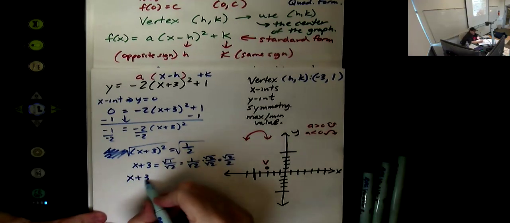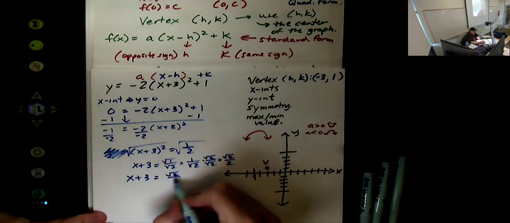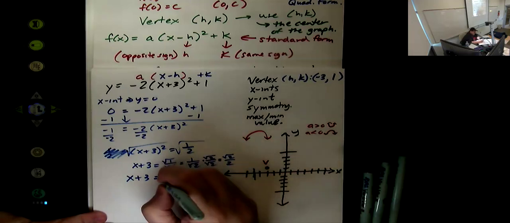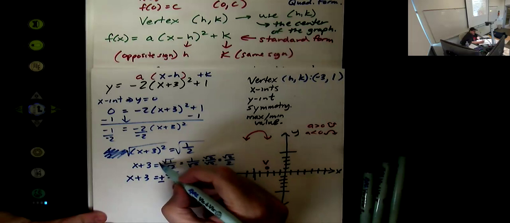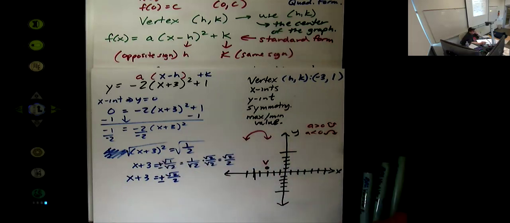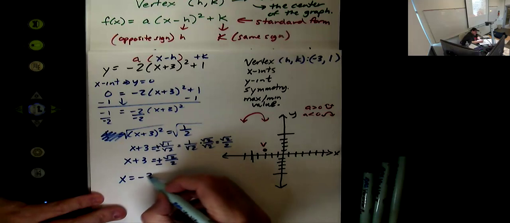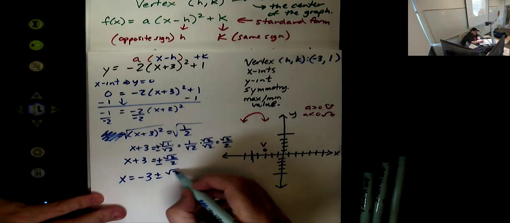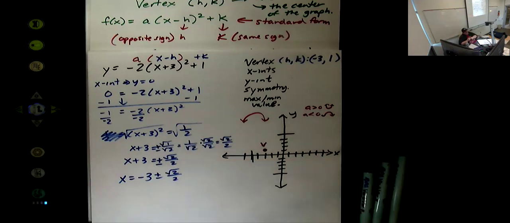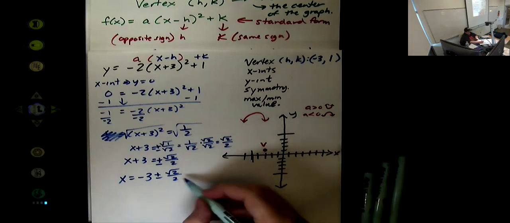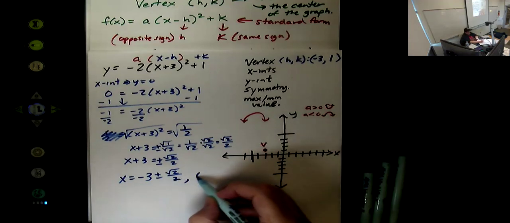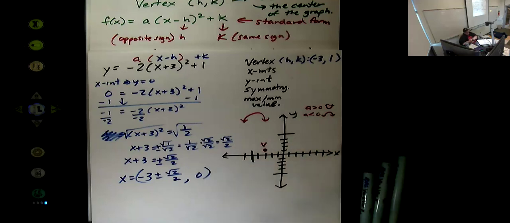So x plus 3 equals square root of 2 over 2. And it's plus or minus because we took the square root. Finally, we subtract 3. We get -3 plus or minus square root of 2 over 2. That's our x value. So our points are that, comma 0.